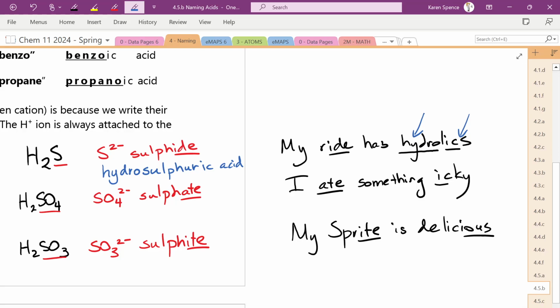H2SO4, we have the ate ion. And if I have an ate ion, I just add ic to the end. So normally sulfate would become sulfic, but I know that sulfur needs an "ur", so it's just sulfuric acid.